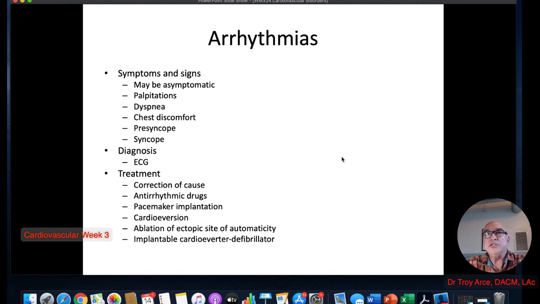They can do ablation of ectopic site of automaticity, and then they also have an implantable cardioverter defibrillator. So that's kind of a trip, right? They can actually defibrillate a fibrillating heart. It's implanted inside of you. So that's really a trip.